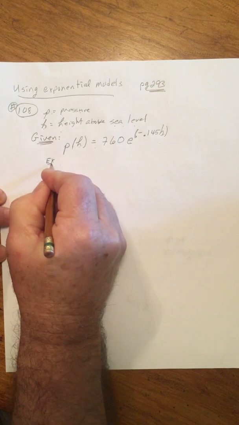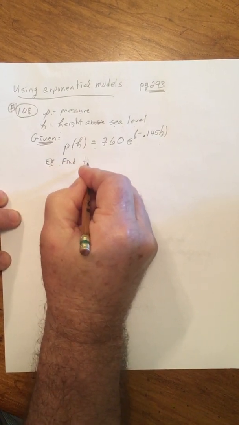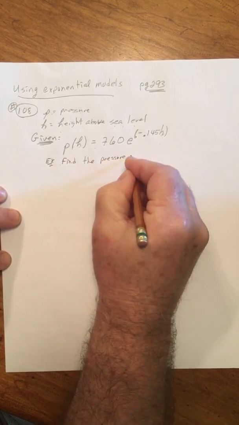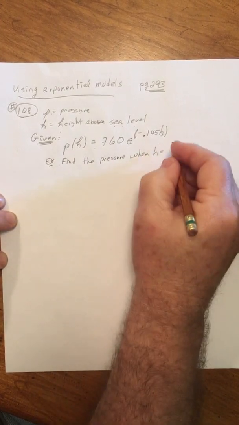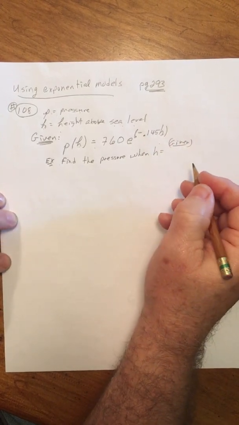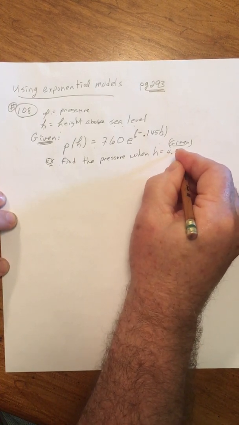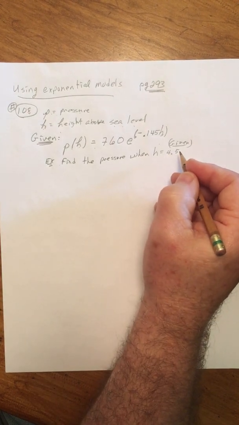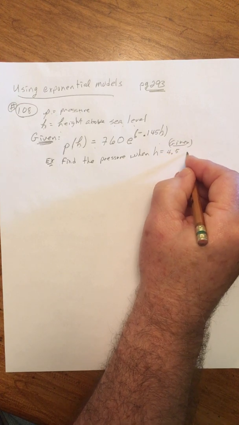So, for an example, suppose we wanted to find the pressure when the height is given to be, we can pick a number out of the blue sky, let's say 4.5 kilometers. Now, the science people probably wouldn't have much patience with me, but I'm going to suppress writing the units all the time.